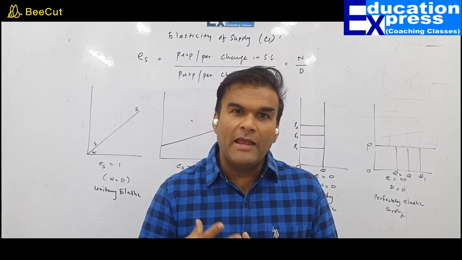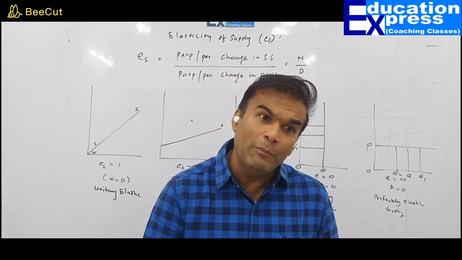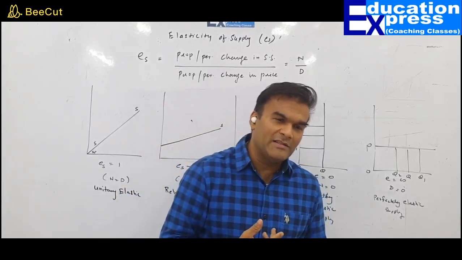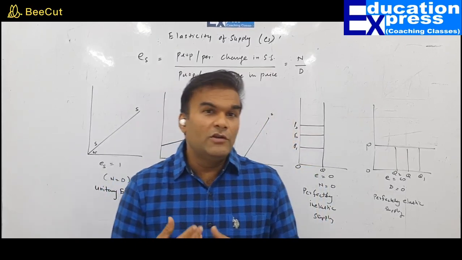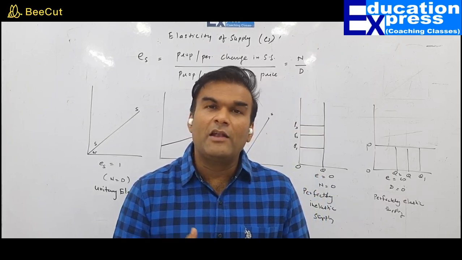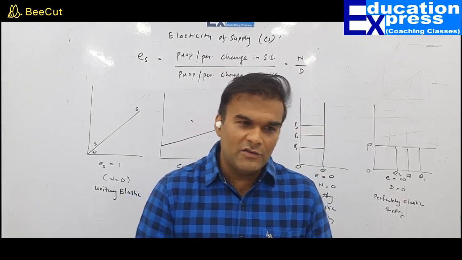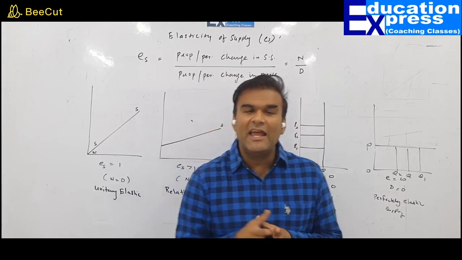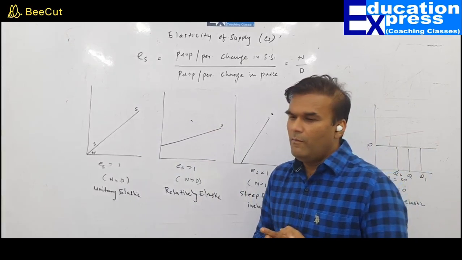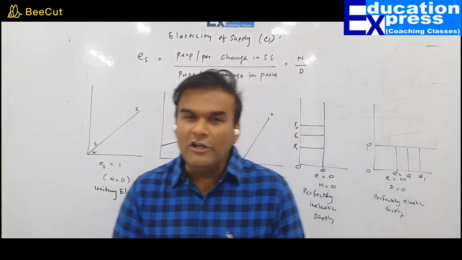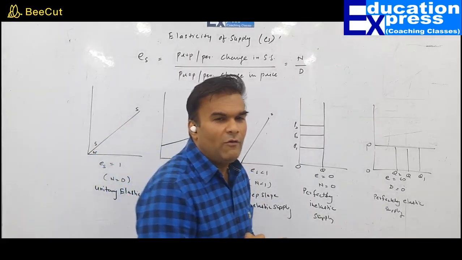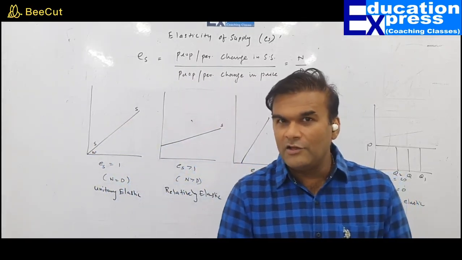Supply can change due to change in price, or supply can be restricted due to the change in price. It all depends upon the nature of the commodity, time horizon, future expectations, and many more factors. We are going to discuss exactly what the factors are that are determinant or important for elasticity of supply. Stop.